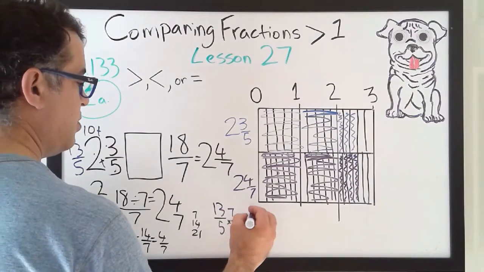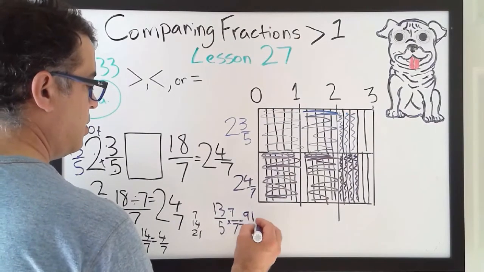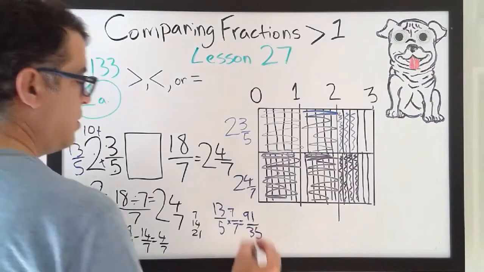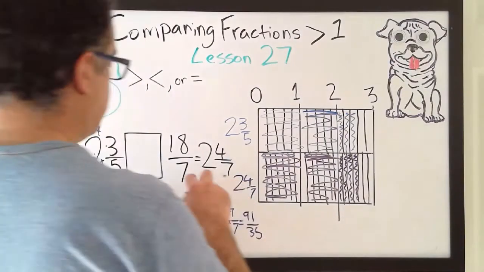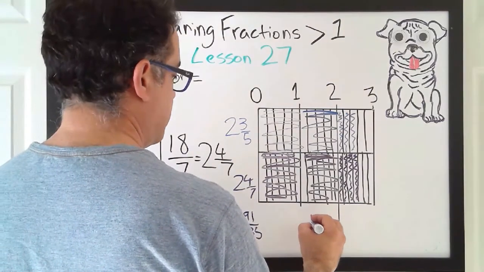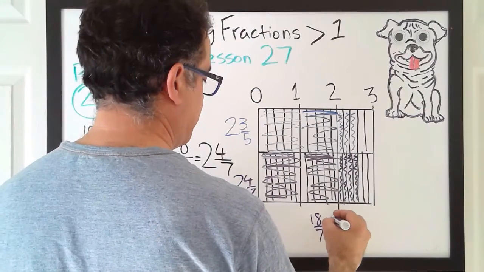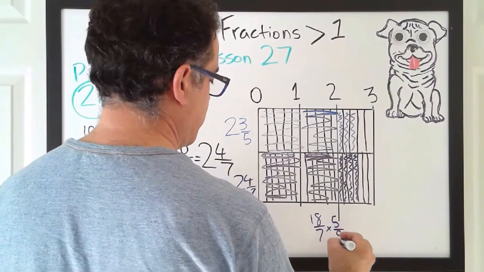7 times 13 is 91. That's 91/35. And then over here, I've got to multiply 18/7 times 5/5. We get 35 on the bottom.